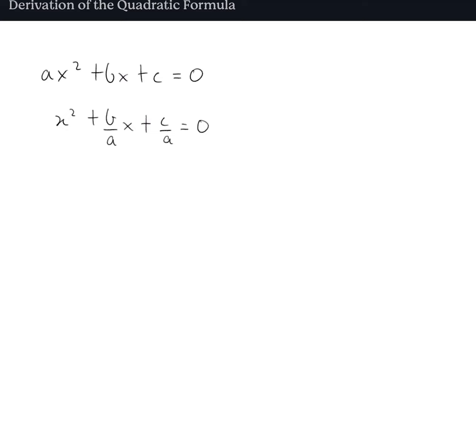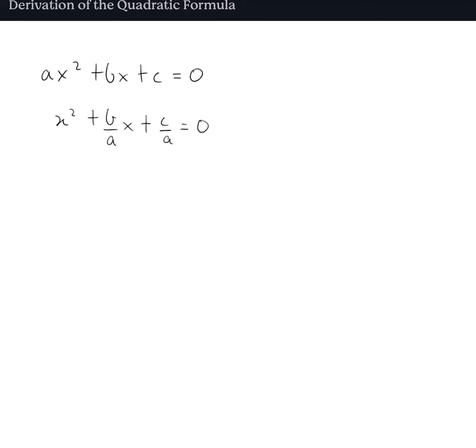At this point, I just want to play around with this expression. It's not too important to understand why I'm doing these things immediately. You might realize the necessity of these steps in hindsight. This is the way I'm going to be manipulating this expression.